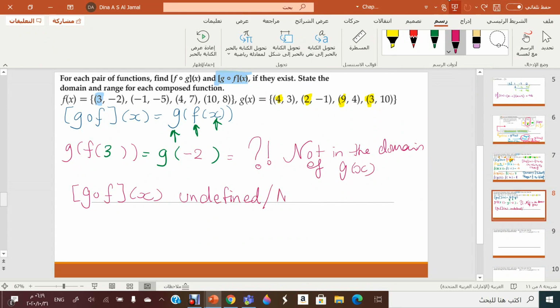And he was requiring you to find the domain and the range, so both of them are empty set. Great. So that's if you are having a value which is not in the domain.